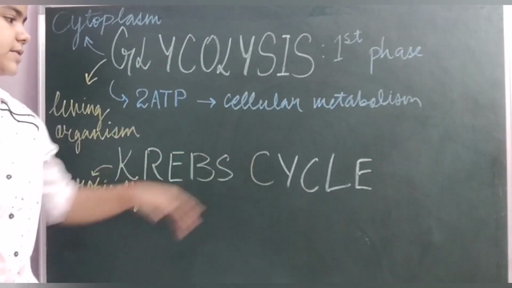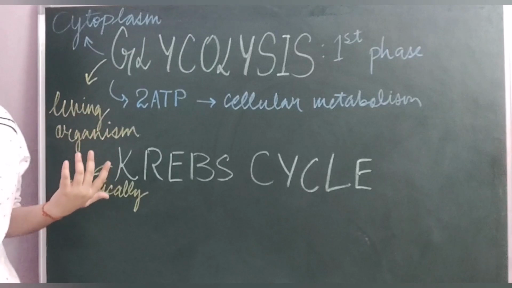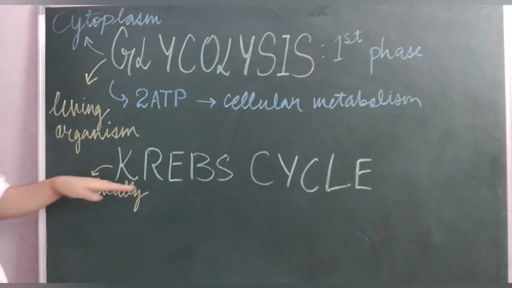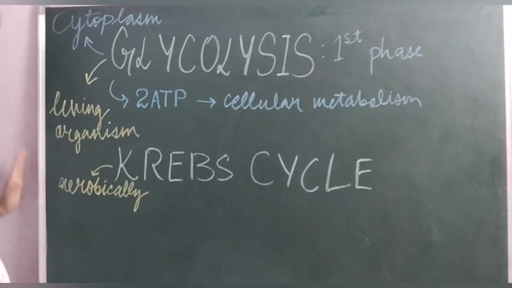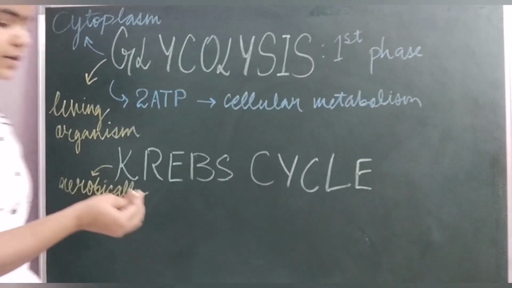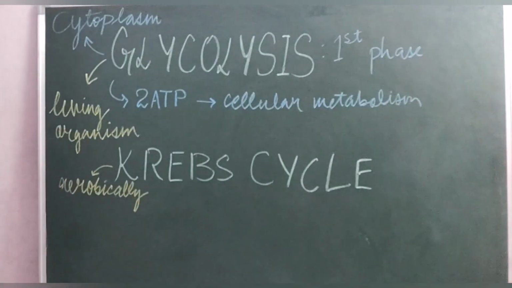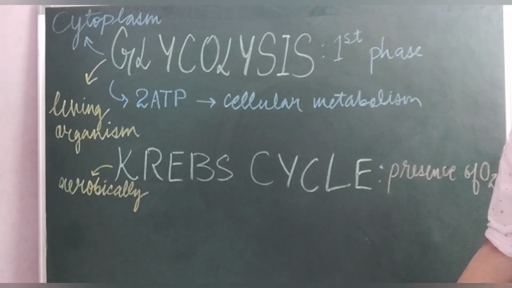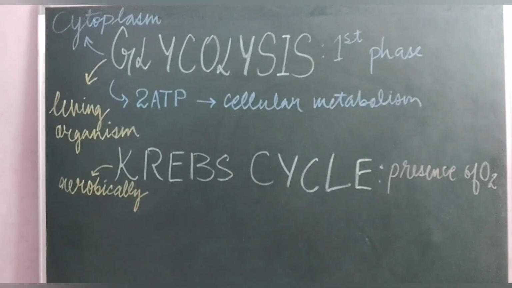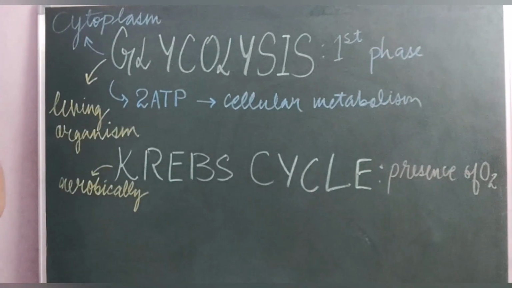Why does this not take place in anaerobic respiration? Why does it take place in aerobic respiration? Because it occurs in the presence of oxygen. Oxygen is used for this purpose. When you see anaerobic respiration, you won't see any molecule of oxygen, right? So this is the main difference.